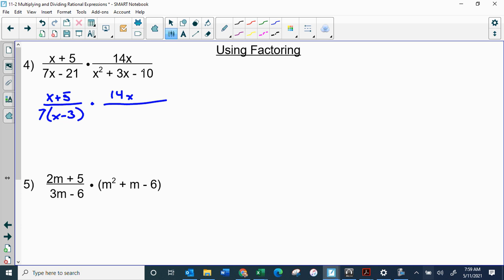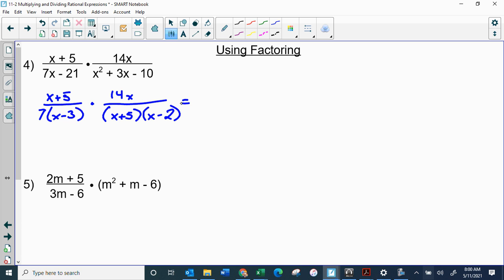And then this is a trinomial. I'm looking for two numbers that multiply to -10 and add to 3. So that would be 5 and 2. And the 5 would be positive and the 2 would be negative. So x plus 5 times x minus 2. So 5 times -2 is -10. 5 plus -2 is +3.